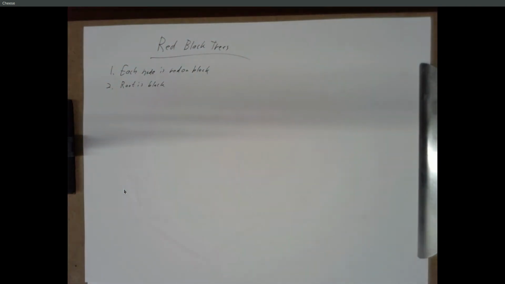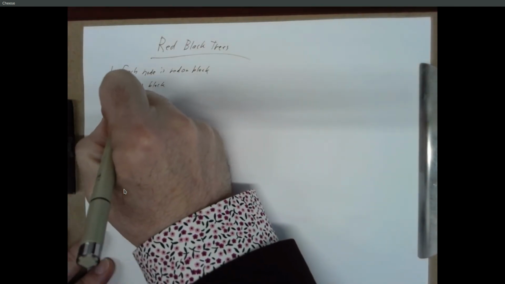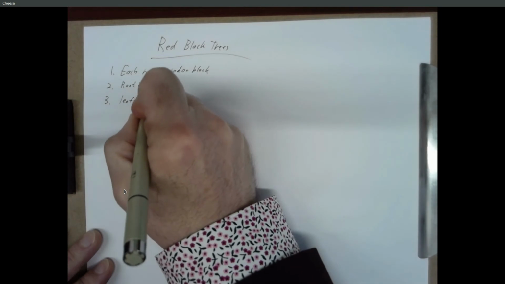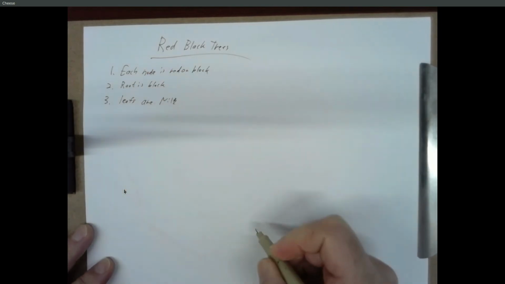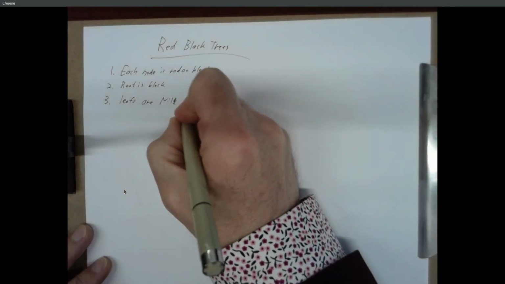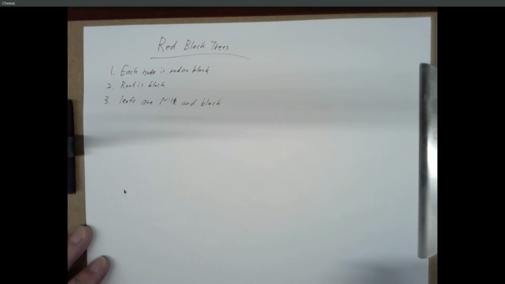So the root node is always colored black. Third property, the leaves are what we call nil, and they're also black. Okay, so what does this mean?